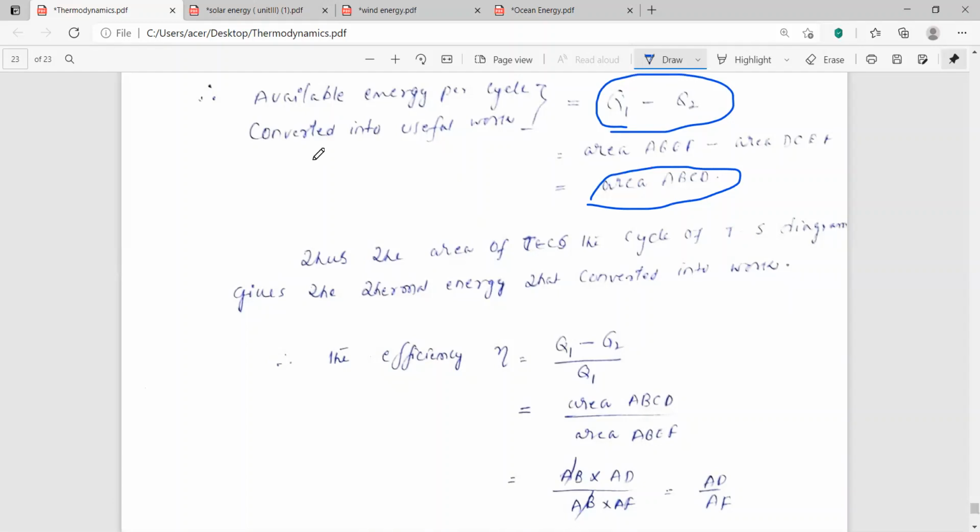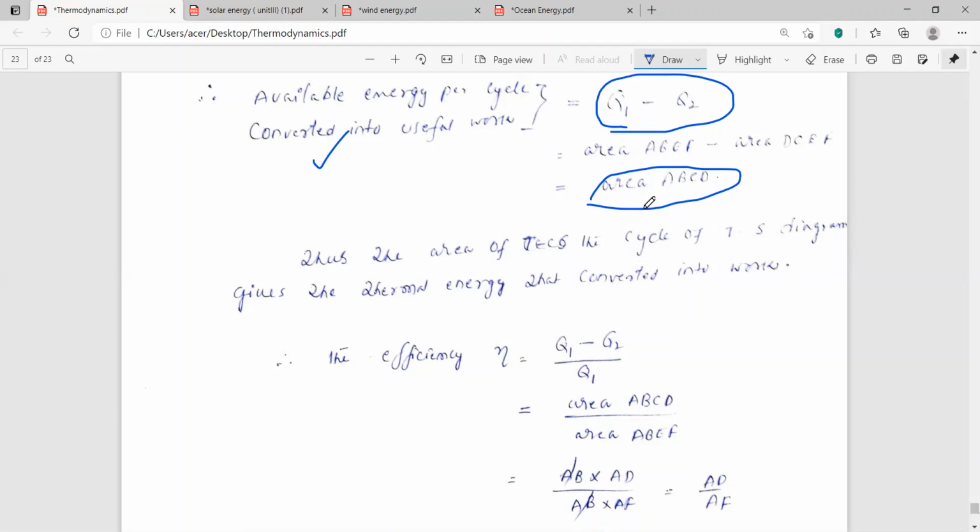So the amount of heat energy converted into work is equal to the area of ABCD. If you find the area of ABCD, then you can easily know how much heat energy is converted into work. This is how one can find from the TS diagram how much heat energy is converted into work.